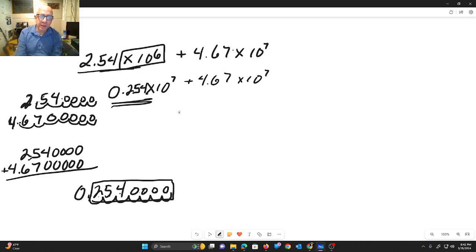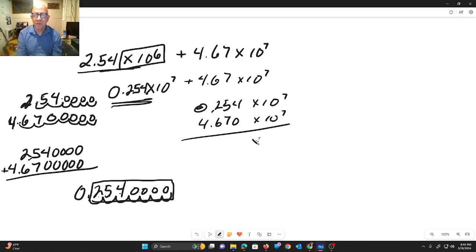So I can add 0.254 times 10 to the 7th, and then 4.670 times 10 to the 7th. 4 plus 0 is 4, 5 plus 7 is 12, 6, 2 plus 1 is 9, 4 plus 0 is 4, so I have 4.924 times 10 to the 7th.